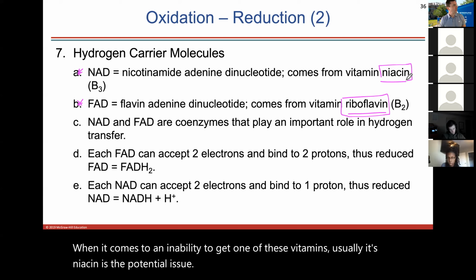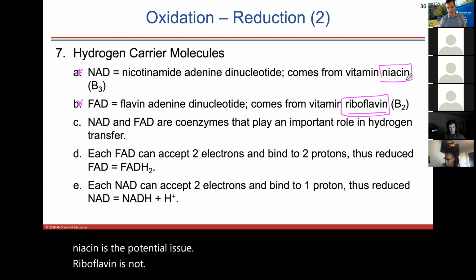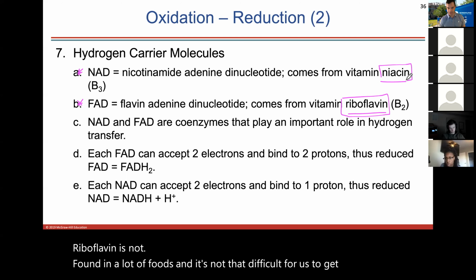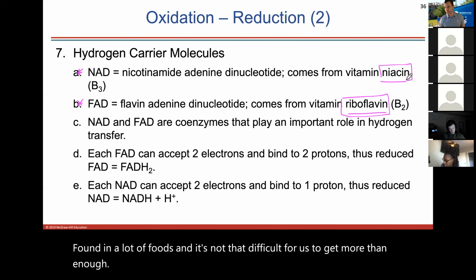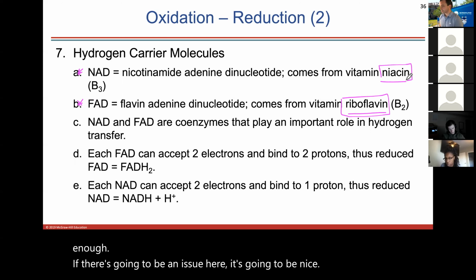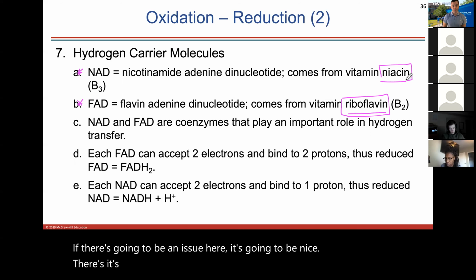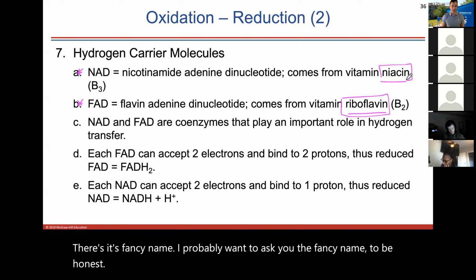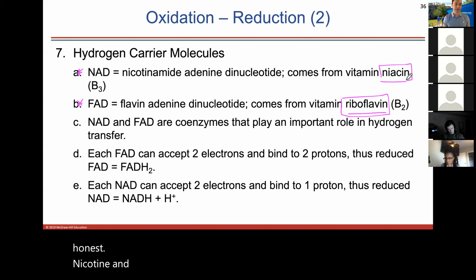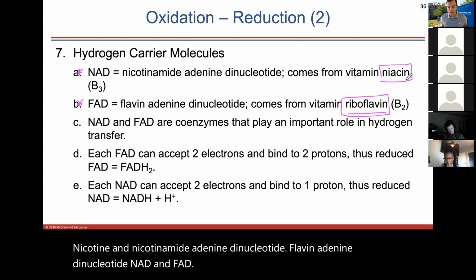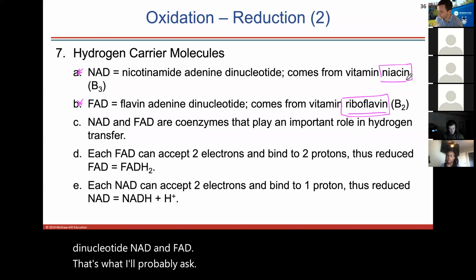Riboflavin is found in a lot of foods, and it's not that difficult for us to get more than enough. Okay? If there's going to be an issue here, it's going to be niacin. There's its fancy name. I probably won't ask you the fancy name, to be honest. Nicotinamide adenine dinucleotide, and flavin adenine dinucleotide, NAD and FAD. That's what I'll probably ask. Okay.